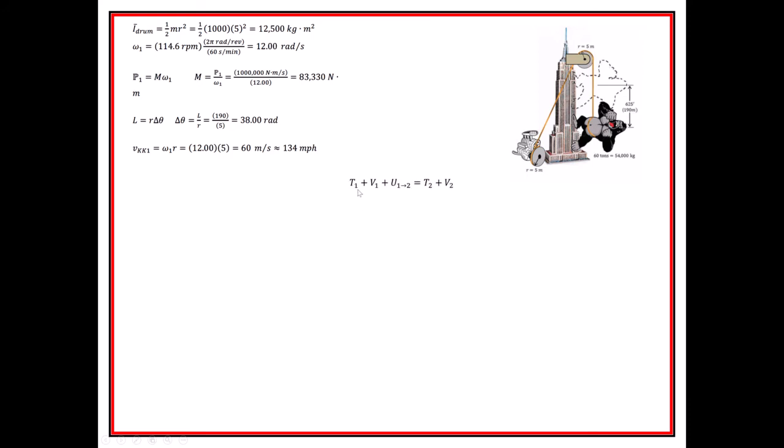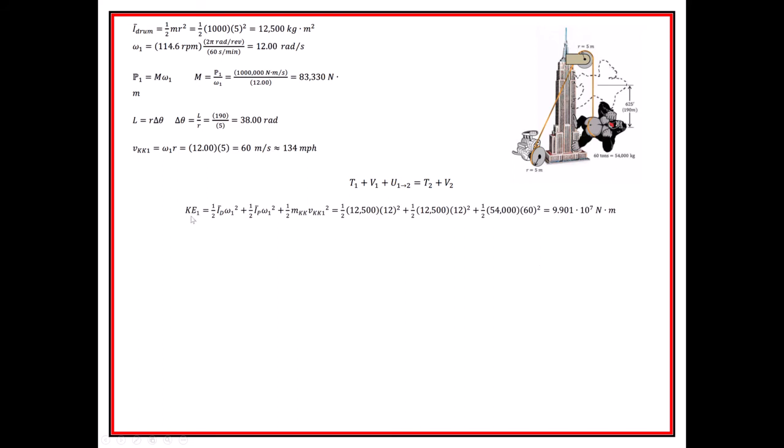And I use the old style, so this is the way that Johnston uses. Kinetic energy is T, potential energy is V. They do have work as being U. Sometimes they use W. So we say the energy before plus the external work is equal to the energy after.